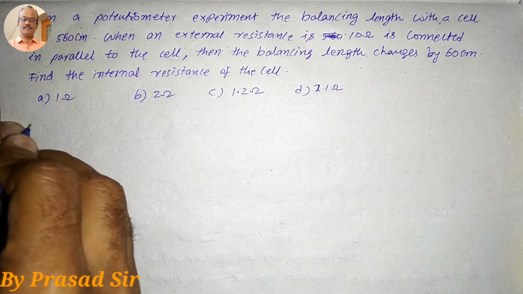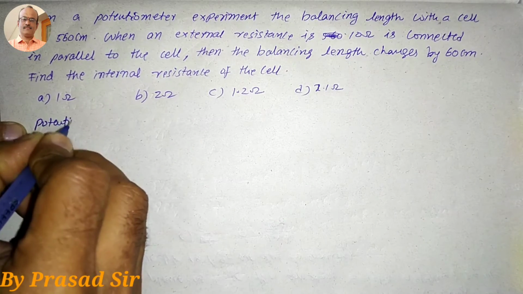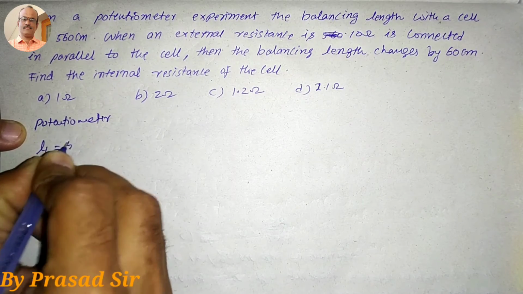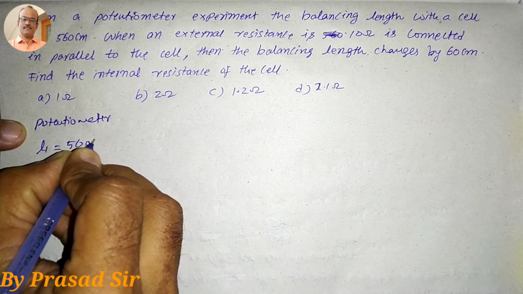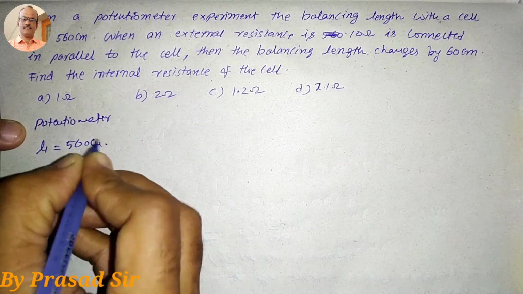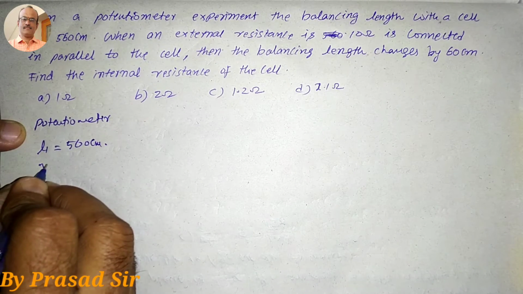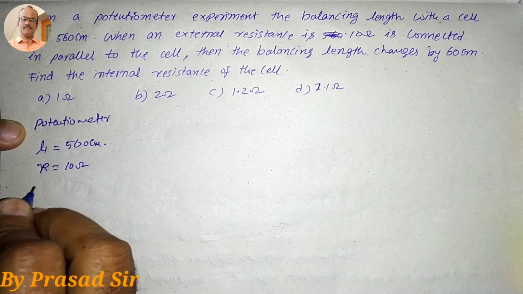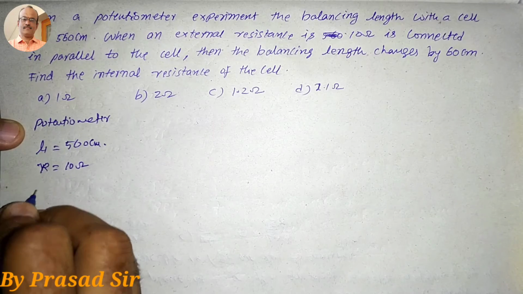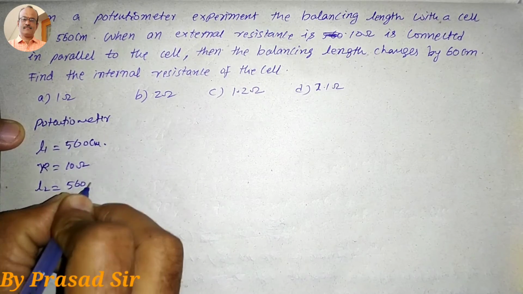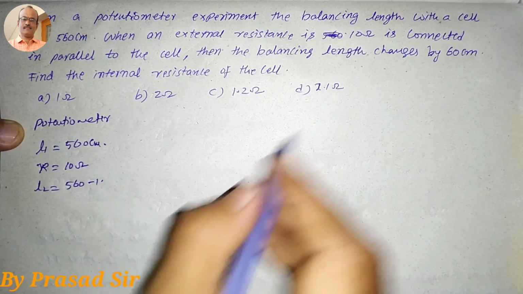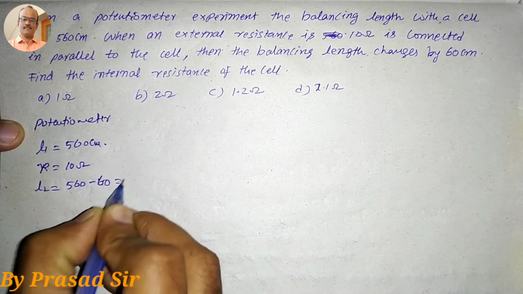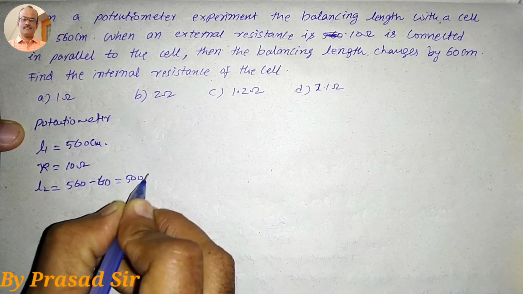So in the potentiometer, L1 is equal to 560 centimeters and external resistance, capital R, is equal to 10 ohms. Then the balancing length changes by 60, so L2 is equal to 560 minus 60, which is 500 centimeters.